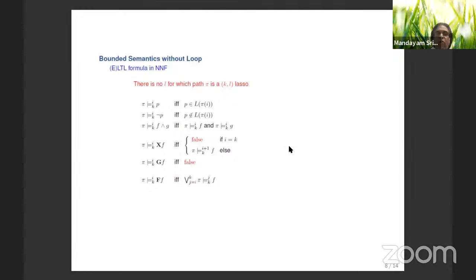So first, let me present the semantics without loops.